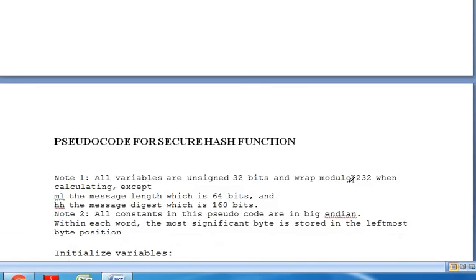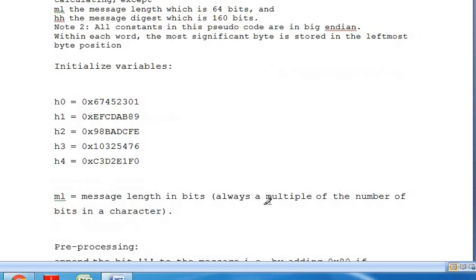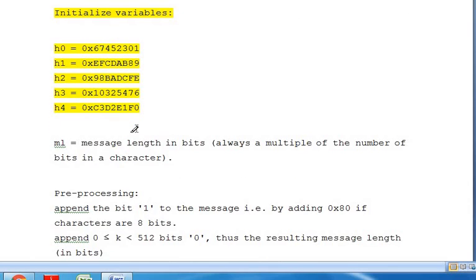Before going to the program, it is easy to view it in the form of pseudocode. See the pseudocode: initialize the variables. Everything is in the form of hexadecimal values. There are 5 hexadecimal values and the message length in bits.